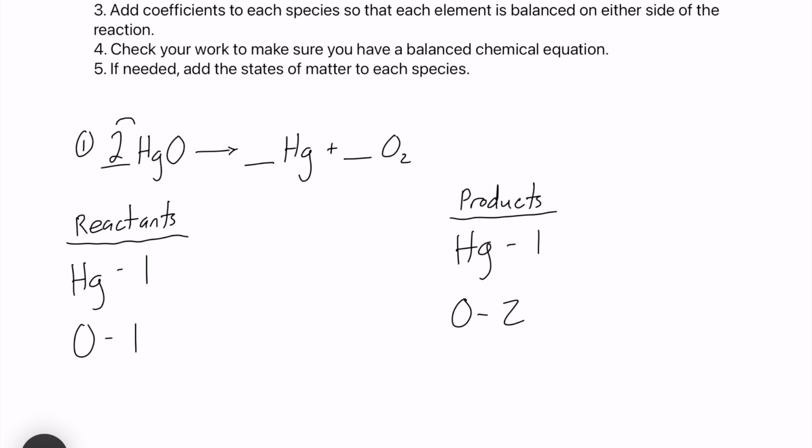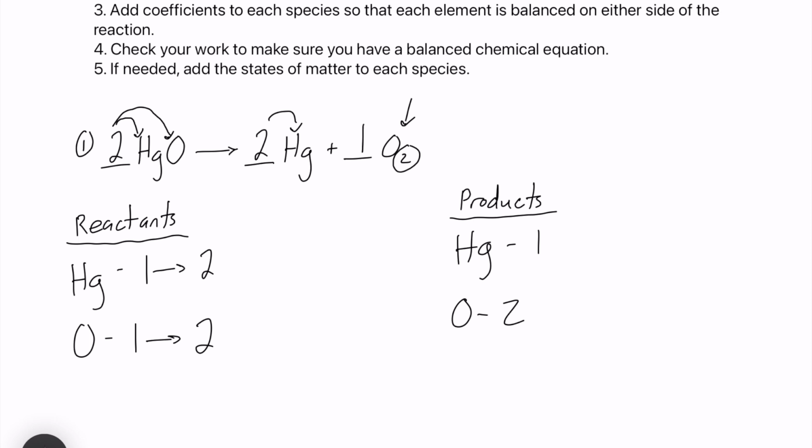So that applies to mercury as well as our oxygen right there. So we can say we now have 2 mercury and we now have 2 oxygen. And now let's try and get 2 mercury atoms on the product side. So we can go ahead, add a 2. That applies to mercury. And here, this oxygen, because we already have 2 as a subscript, we can just put a 1.